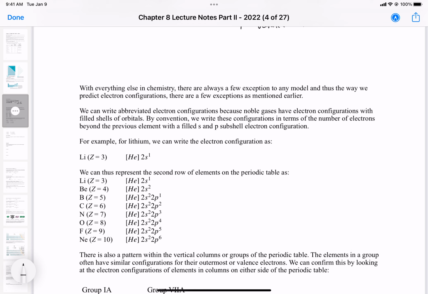As we go across the periodic table, the valence electrons increase by 1: 1 for lithium, 2 for beryllium, 3, 4, 5, 6, 7, 8 as we go to neon.